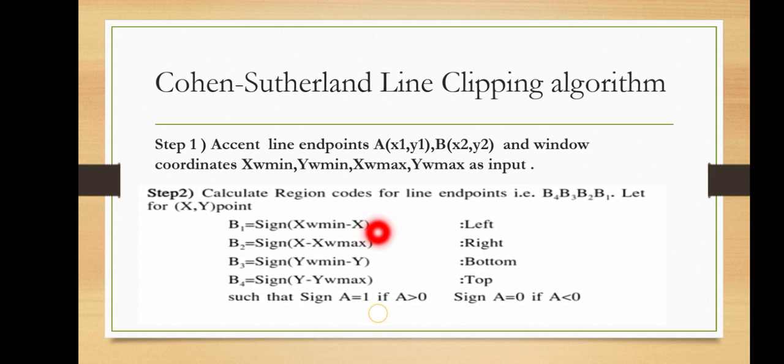If this value is negative, you put it as 0. Similarly, b2 is the sign of (x minus xw max), b3 is the sign of (yw minimum minus y), and b4 is the sign of (y minus yw max).